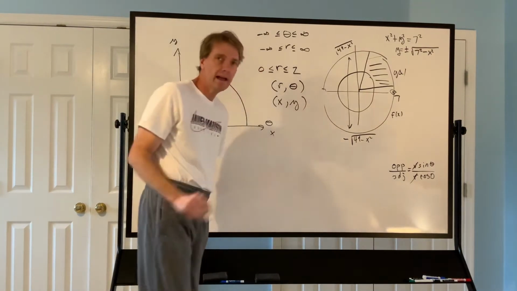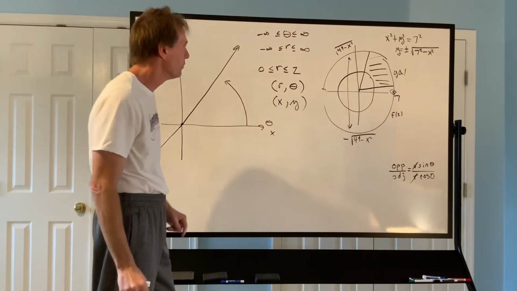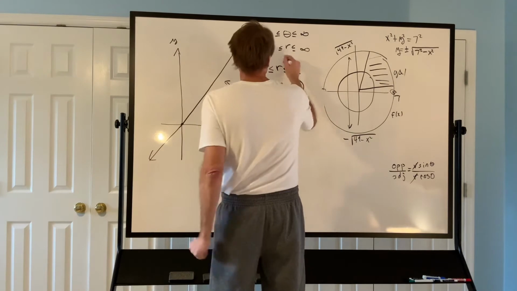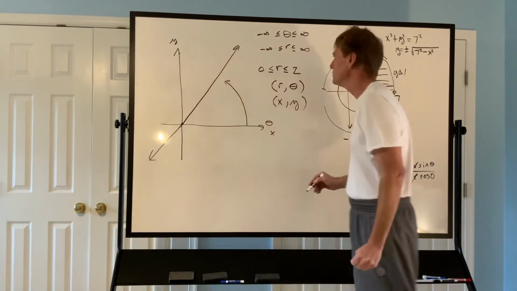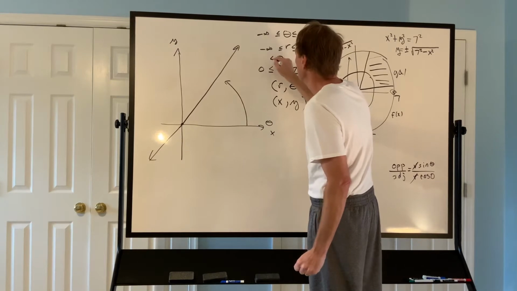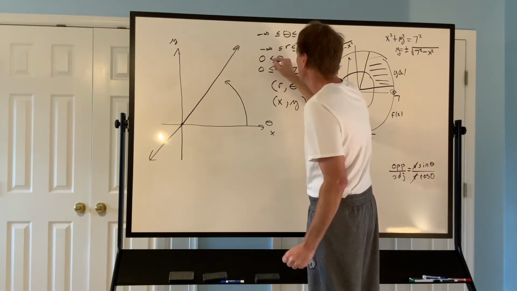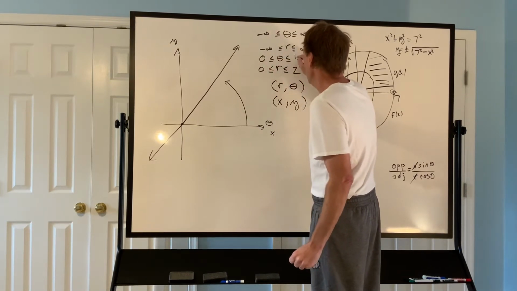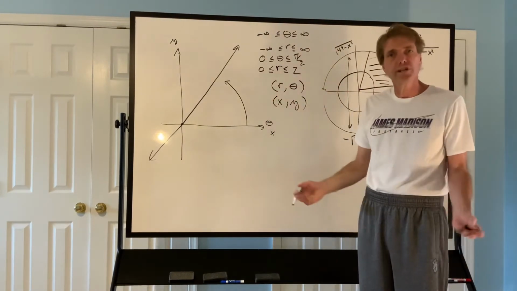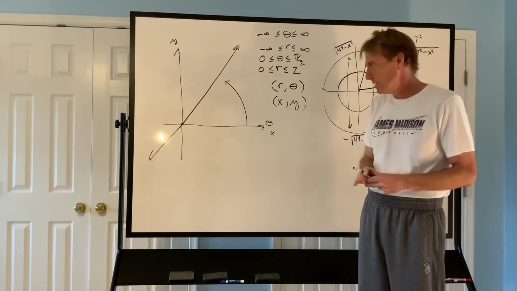It's an ordered pair that describes a point in the plane in polar coordinates. Theta is my angular coordinate. We're going to look at all the points in polar form where r is going to run between 0 and 2, and let's just say theta is going to run between 0 and pi over 2. Try to see what that region would look like.